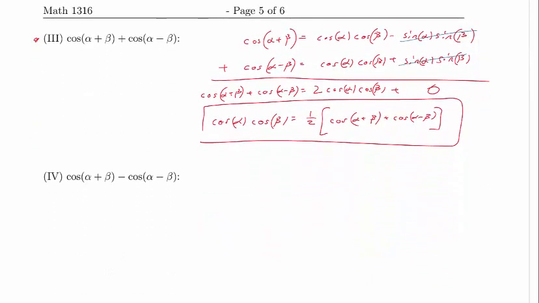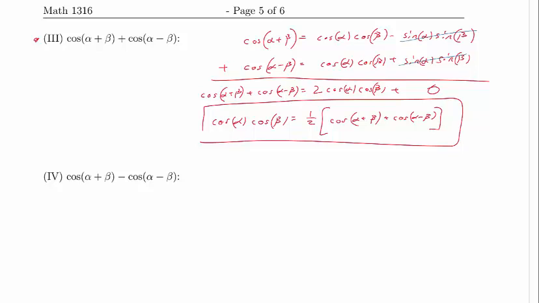Alright. Now it's time for the very last one. So even though it seems kind of tedious going through all that, there is definitely a pattern to each of these. And so once you identify the pattern, it starts to flow a little bit better.